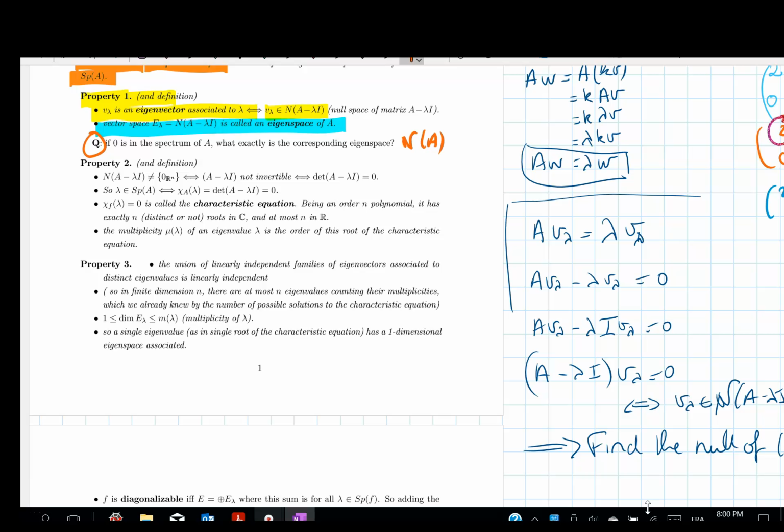So conversely, we can say that 0 belongs to the spectrum of A if and only if the null space of A is not reduced to 0. Maybe that's important enough that we should write it as an additional property. 0 belongs to the spectrum of A means the null space of A is not reduced to only the 0 element.